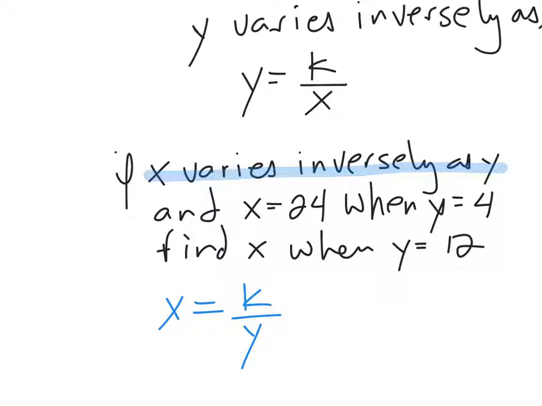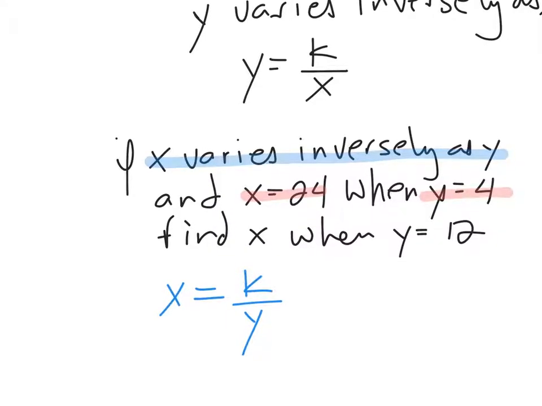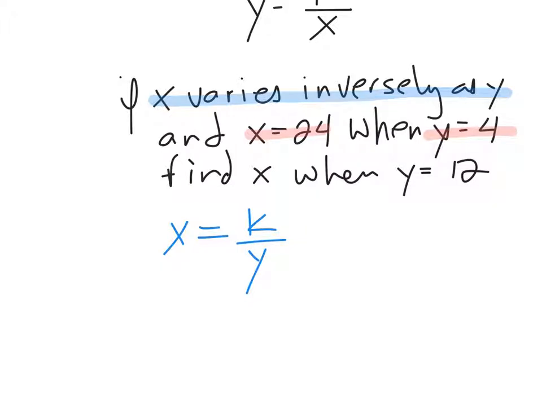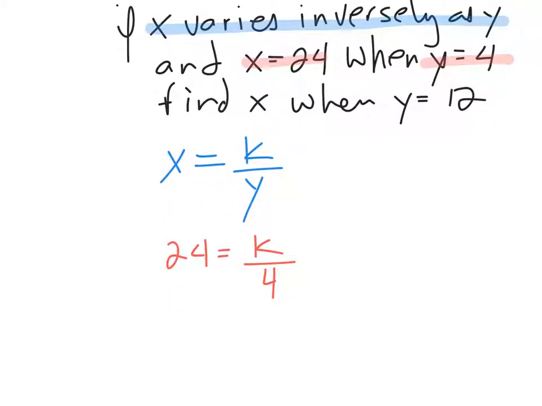So, next we use the x equal to 24 and the y equal to 4 to find my constant of variation. And so we have 24 equal to k over 4, which means that k is equal to, say again? 96. Very good. K is equal to 96. Looks like a fun number.